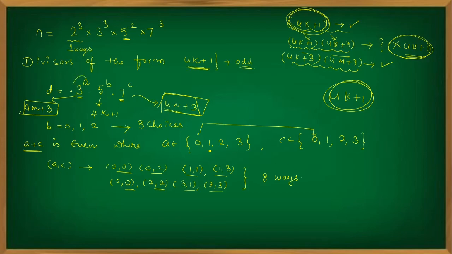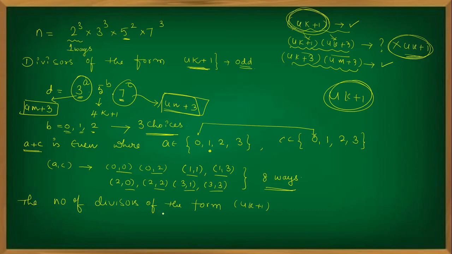So for these choices of 3 power A and 7 power C, we got 8 ways. And for 5 power B, B can take 0, 1, 2, so 3 choices. So the total number of ways of selecting these A, B, C, or the total number of divisors of n of the form 4k plus 1, is what?